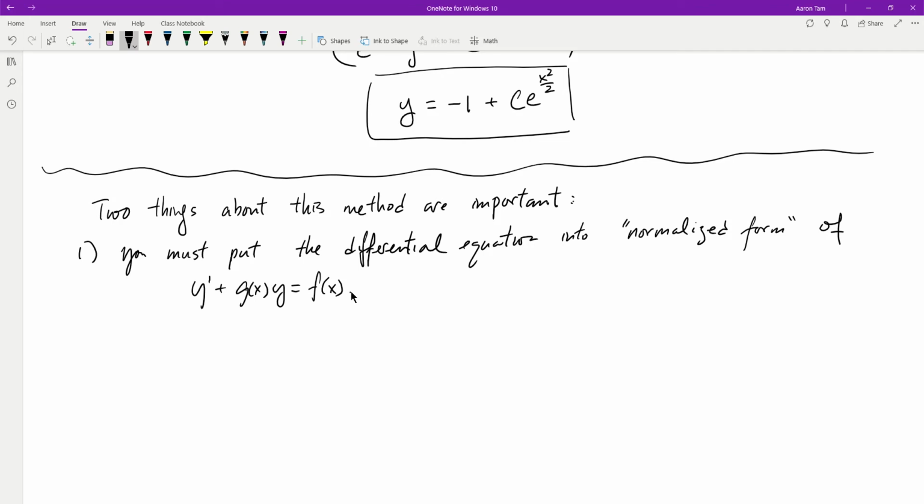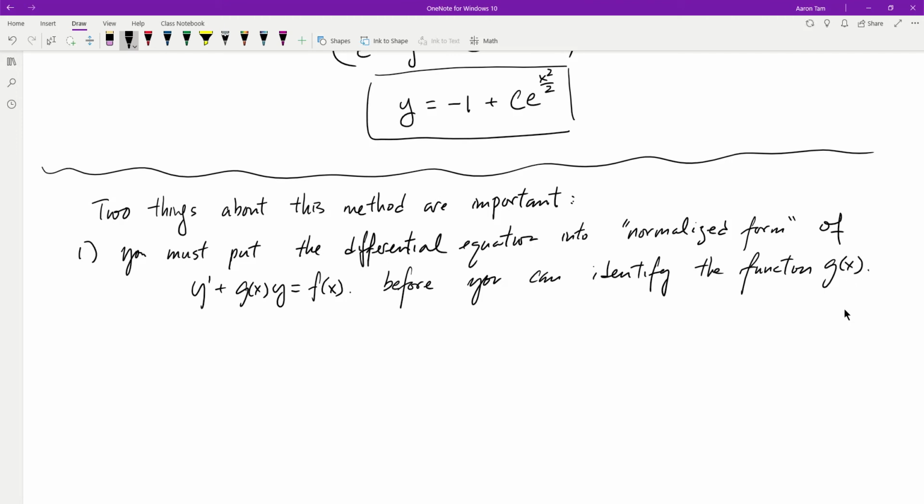The reason why, because if you don't put it into this form, you may identify the function g of x incorrectly. So you must put this differential equation in normal form before you can identify the function g of x.